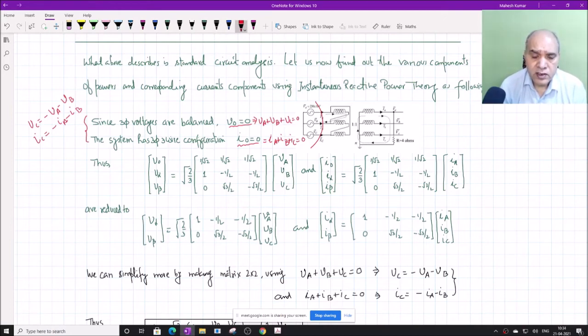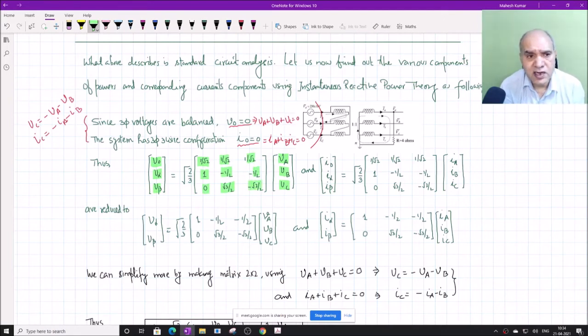And therefore this standard transformation from ABC, this is VA, this is VB, this is VC, can be transformed to V0, V alpha and V beta by the alpha beta 0 transformation, and the matrix is root 2 by 3. This is 1 by root 2, 1 by root 2, 1 by root 2, 1, minus half, minus half, and 0, root 3 by 2, minus root 3 by 2.